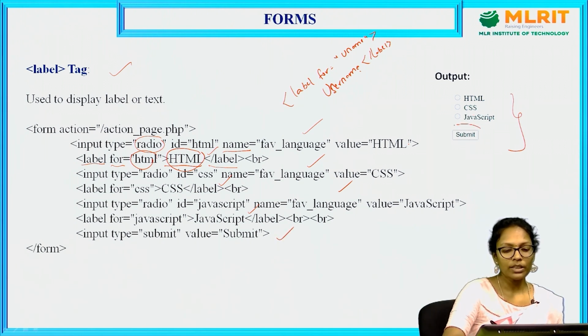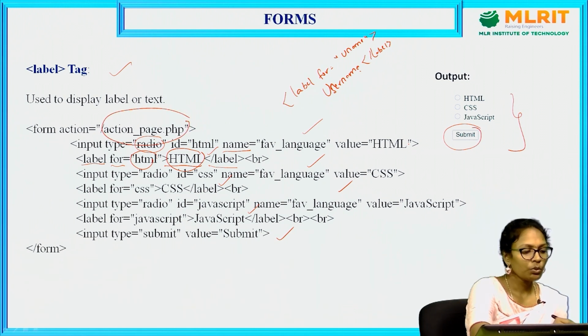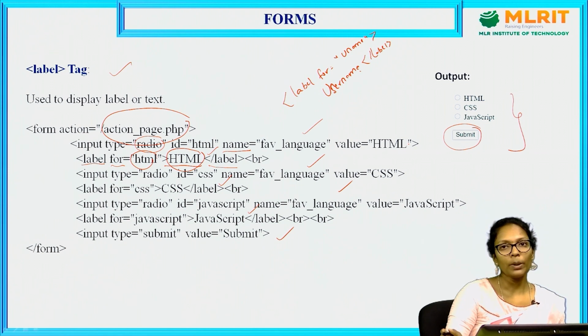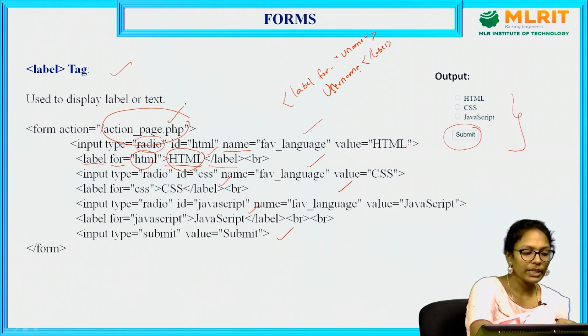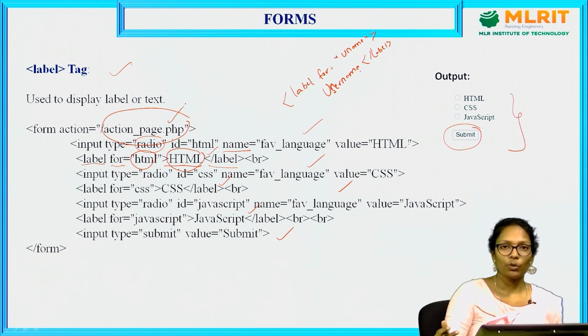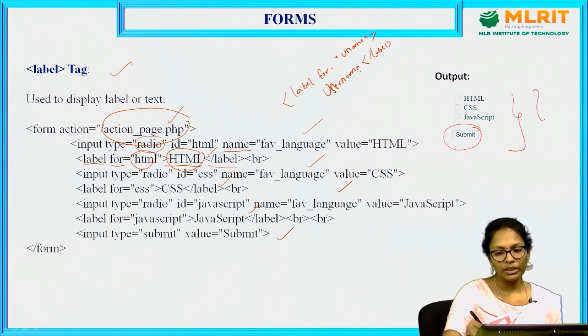If you click on submit, the form will be redirected to the action_page.php page. A PHP page is server side programming, that is a backend page. So whenever you click on submit, your results will be redirected to the server. So this is the output here.